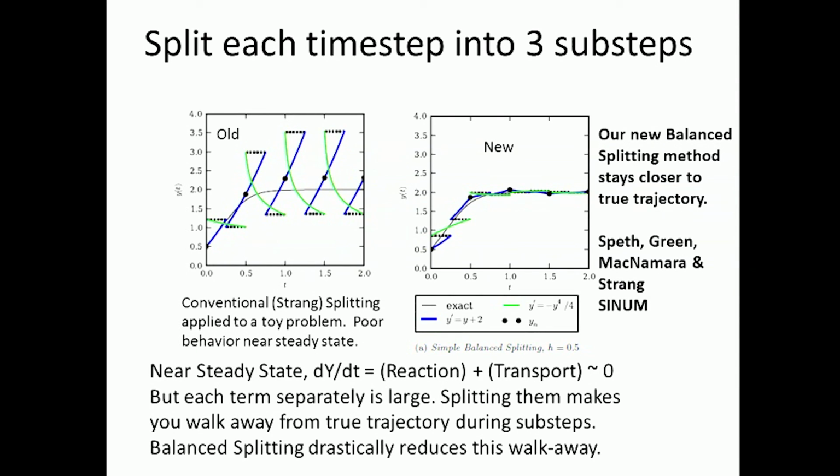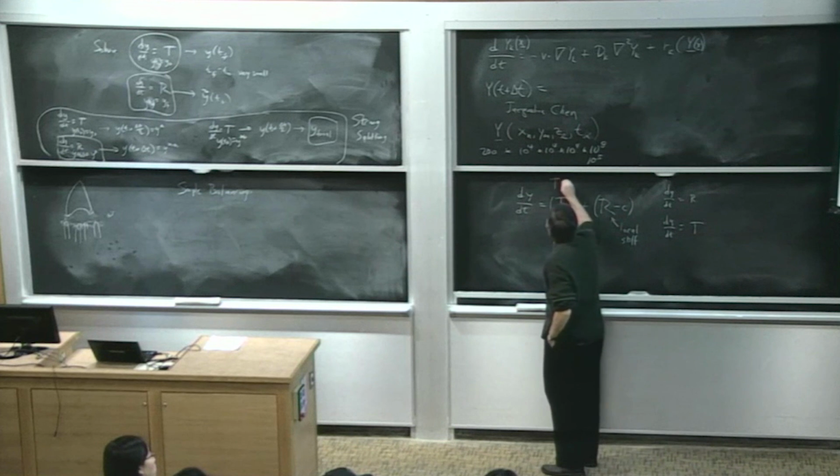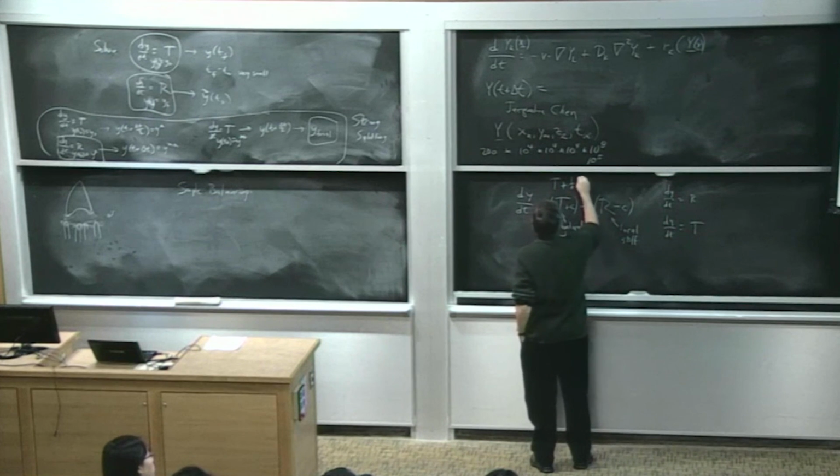steady state, all the steps are just moving you along the steady state trajectory. They're basically maintaining the steady state. And that's because I added, now it's like transport plus half of transport plus R, something like that.